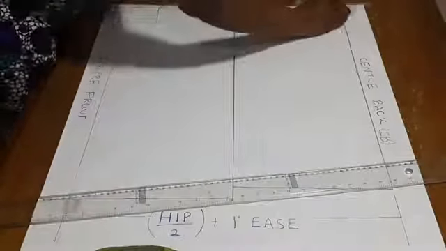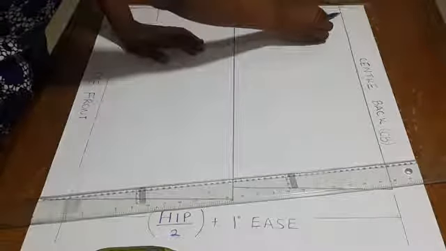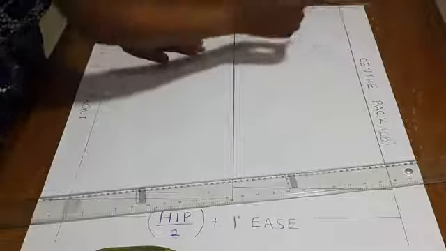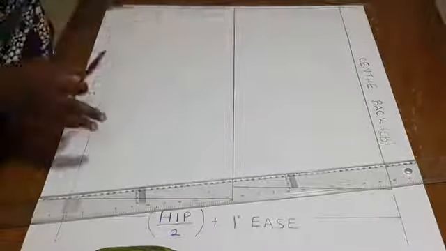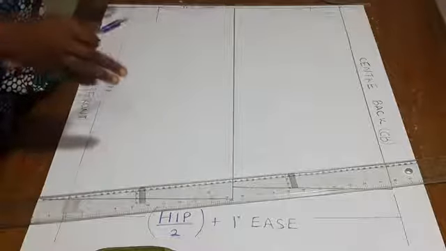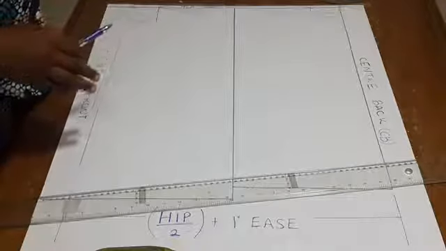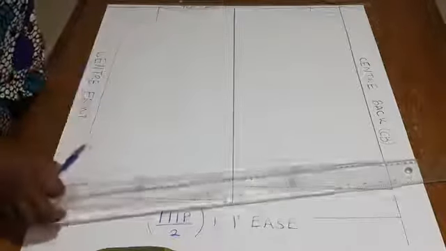Please note that your neck point and the neck depth must always be at an angle of 90 degrees, so that when you are constructing your fabric, it will sit perfectly. But if it's not on this angle, you will have gapping on the neck size.